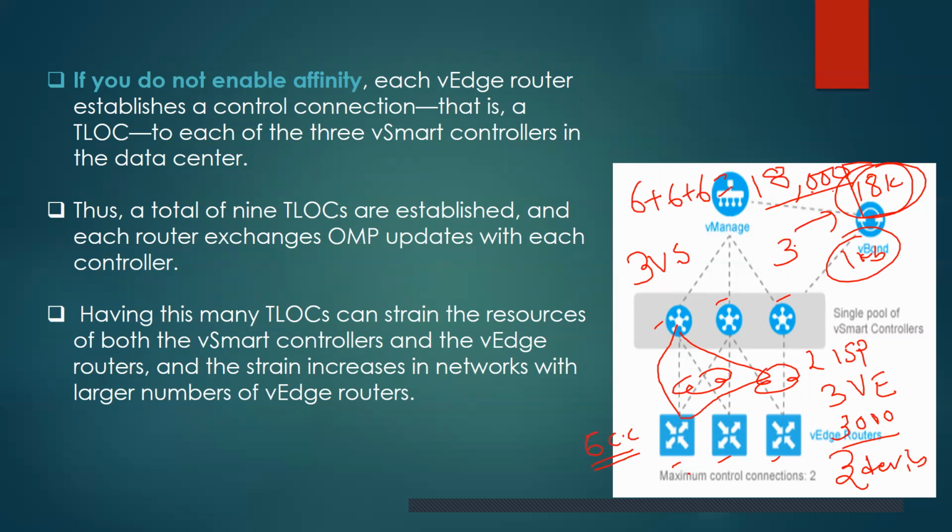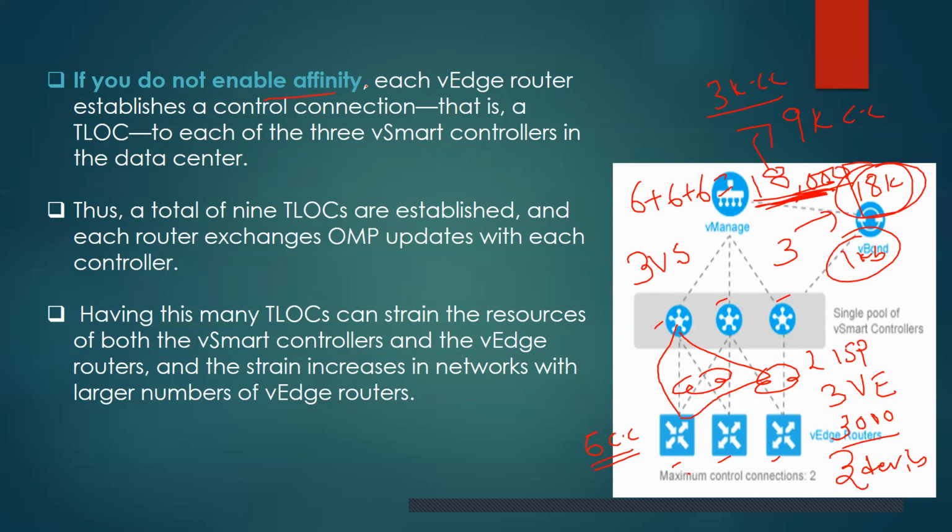You just want to lower this number. Why do you want to lower it? Because it's unnecessary to manage 18,000 control connections. If you can reach the same redundancy and high availability with, say, 9K control connections or maybe 3K control connections, then why would you manage 18,000 control connections? Not required, right? And that's the thing that we can do with the concept of affinity.